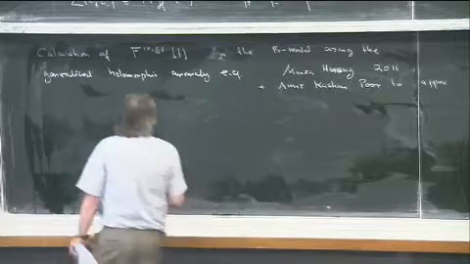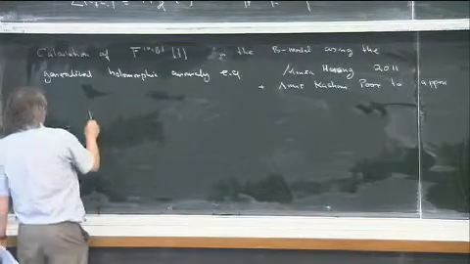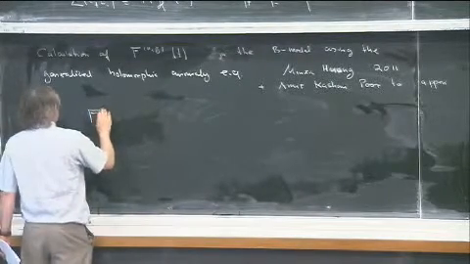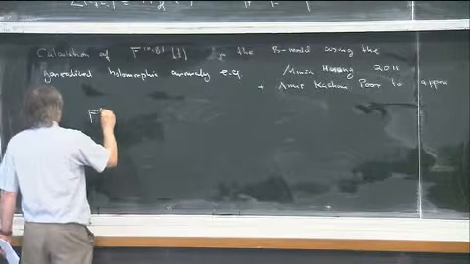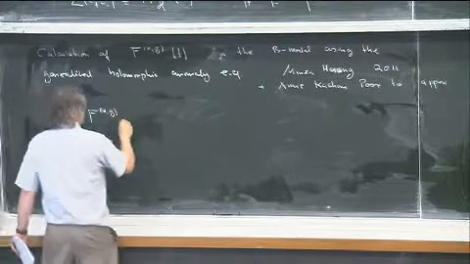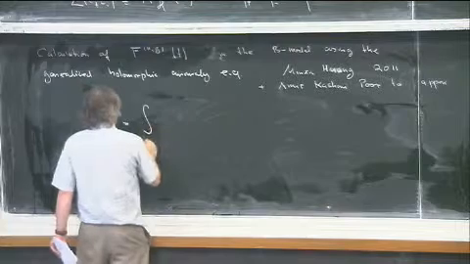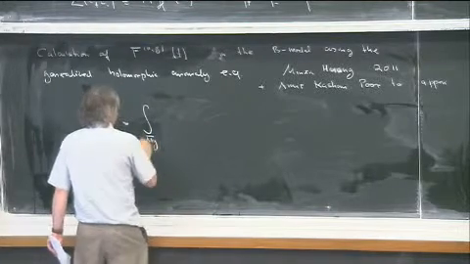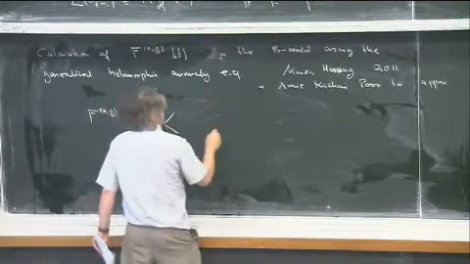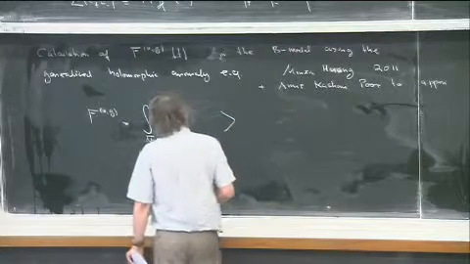So in the B model, I have to remind you of some notations. If you have this F^(0,g), then you can define it as an integral over the moduli space with a certain measure.